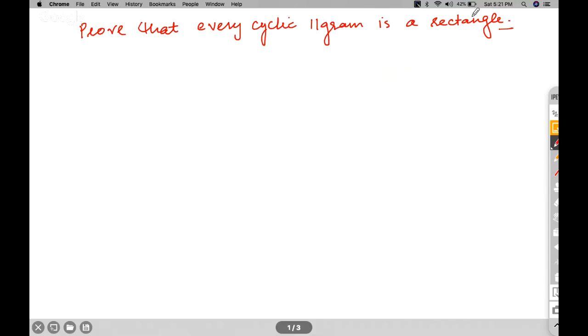Okay, 3 people have done. There is nothing in this question. Just draw a parallelogram here.